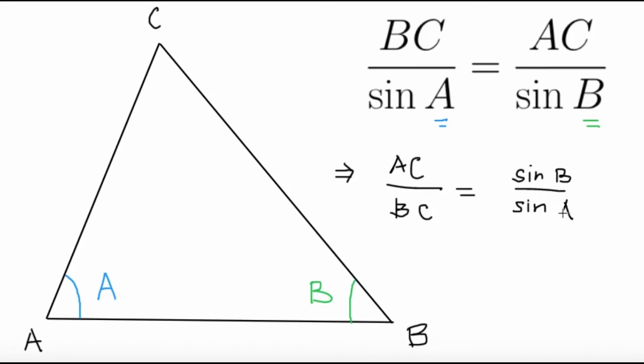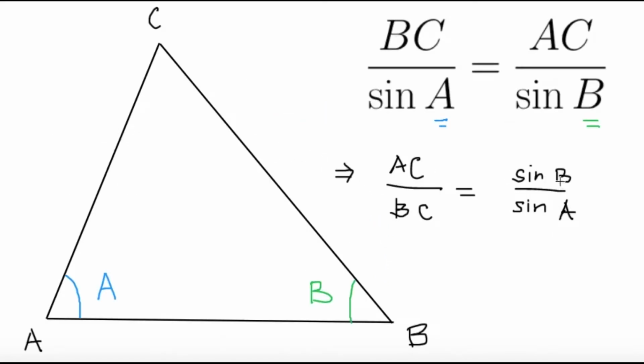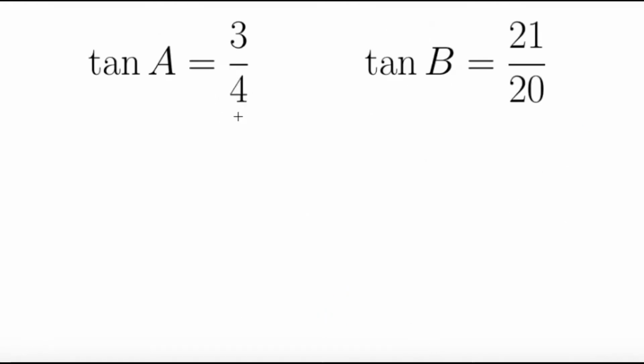Now note how in the item we are given the tangent of the two angles, so we can easily get the sine of the angles via some trigonometric knowledge. Since we only need the sine of B and the sine of A, let's try to convert the given tangents to sines. Let's start with angle A first.